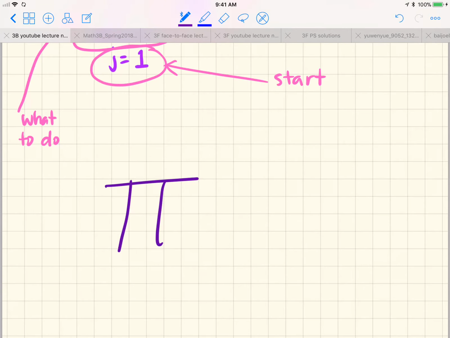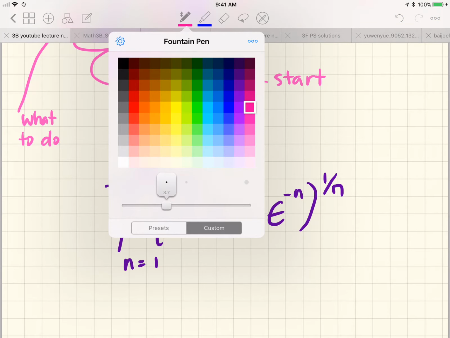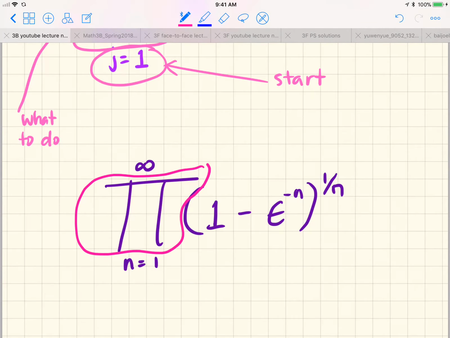It might be the product of 1 minus epsilon to the negative n, to the 1 over n, n equals 1 to infinity. In this case, you're being told that you should multiply. And then we'll get into what it means to have this infinity. Essentially, we'll be working with infinite sums, which means we're taking limits of finite sums.